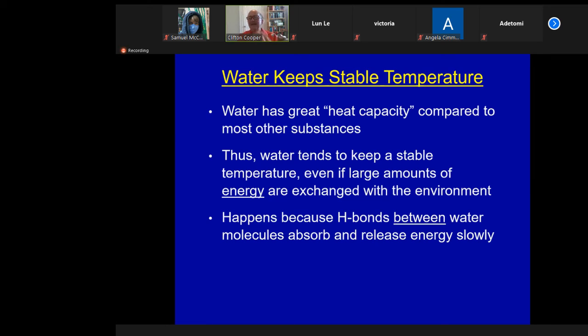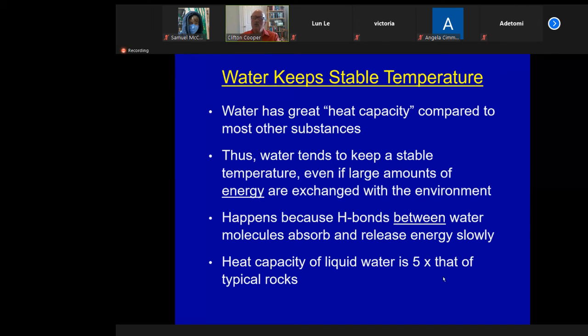If you put your hand into super hot water and it hurts, it's because these water molecules are banging into your hand very rapidly. And the hydrogen bonds tend to prevent that temperature from increasing or decreasing very rapidly. So water keeps a fairly stable temperature.